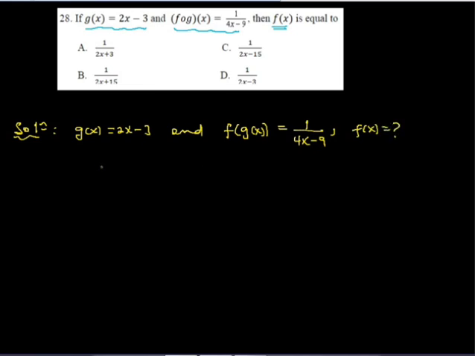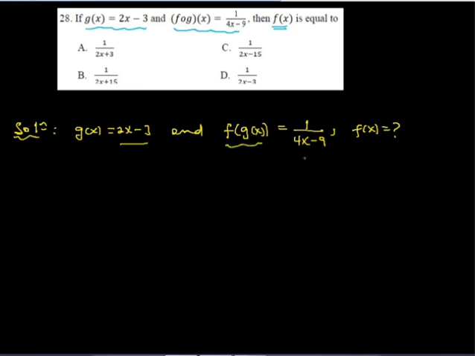We have a linear function g of x, which is 2x minus 3, and the composition of some unknown function f with the linear function g is 1 over 4x minus 9. The question is, what is this unknown function?